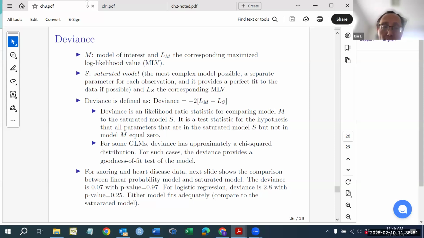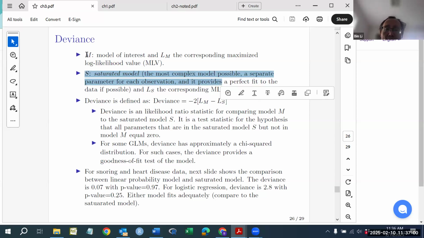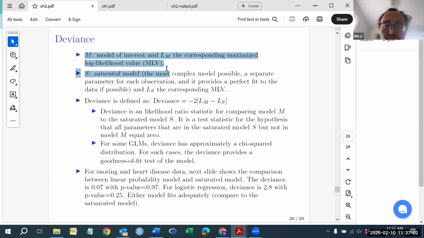Let's say S is the saturated model, the most complicated model we can have, and M is the model of interest.